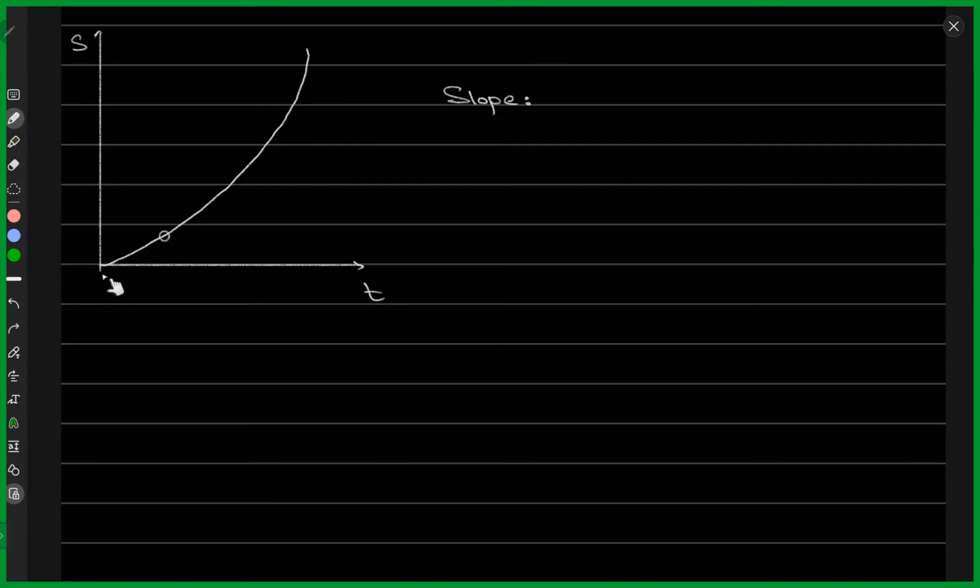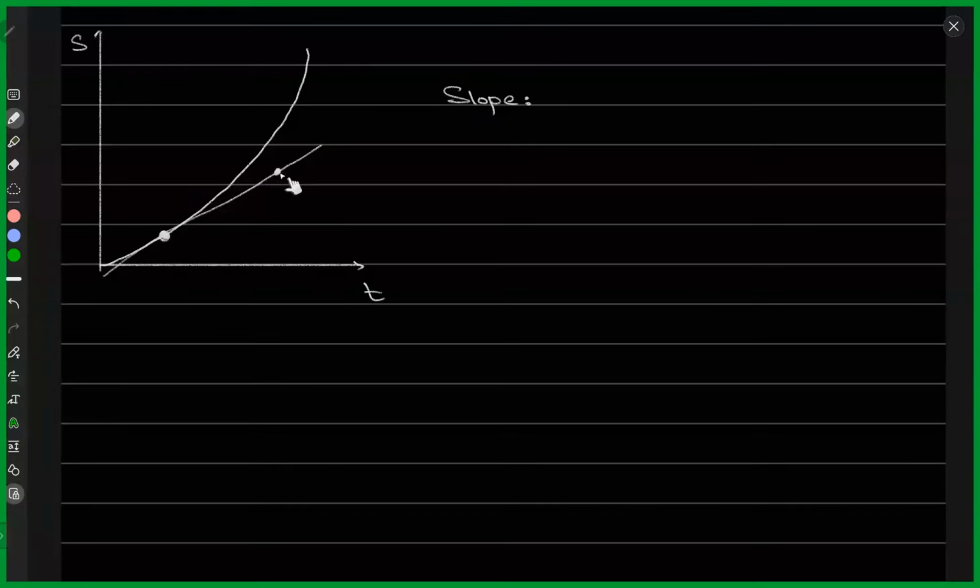It might look something like this. The slope at this point is then calculated using this point and any point on this tangent that I drew. So maybe I can take this one.